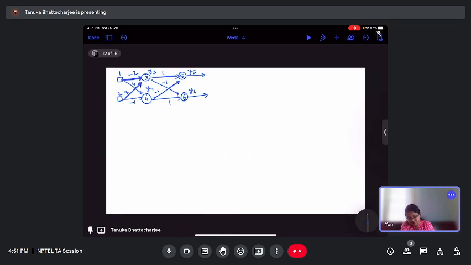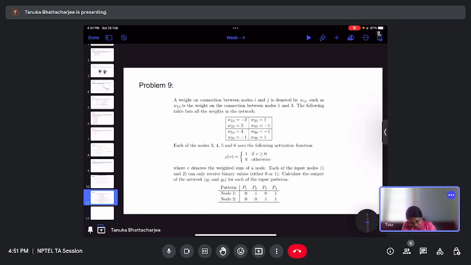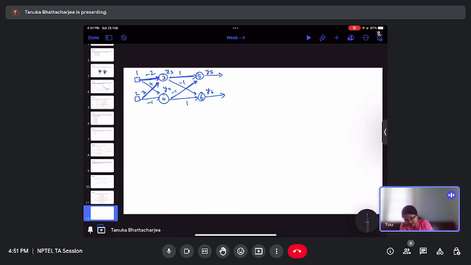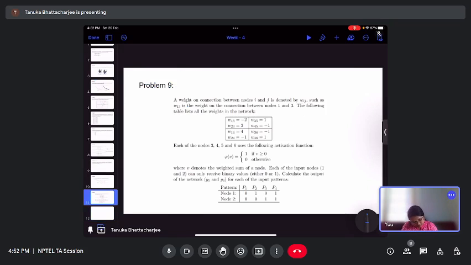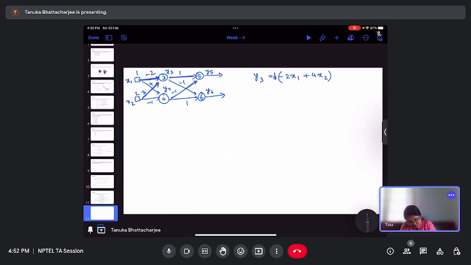So here, let's say these are your inputs x1, x2. So your y3 is basically minus 2x1 plus 4x2, and on top of that you have the non-linearity activation function phi.